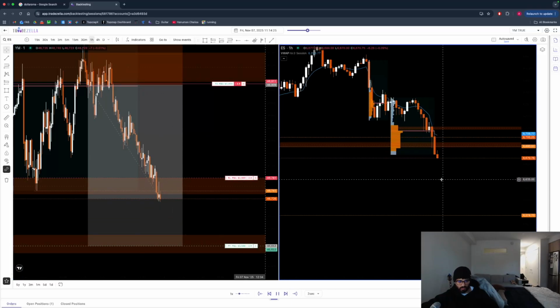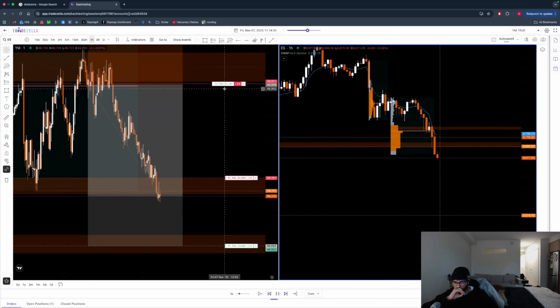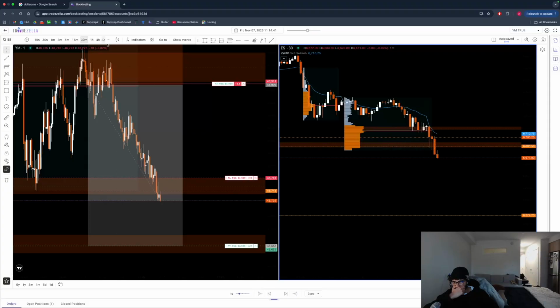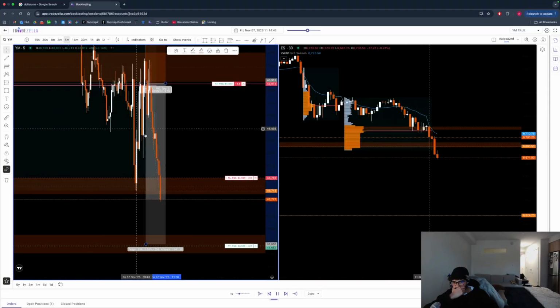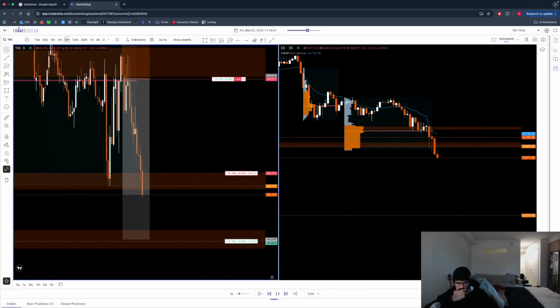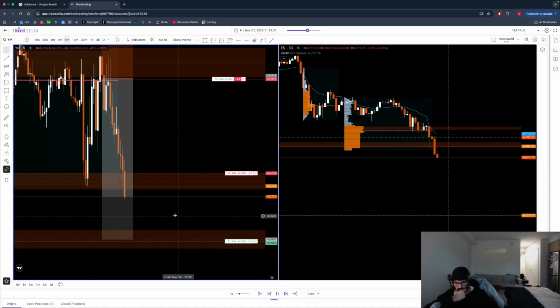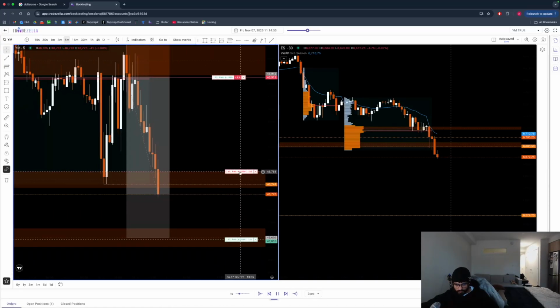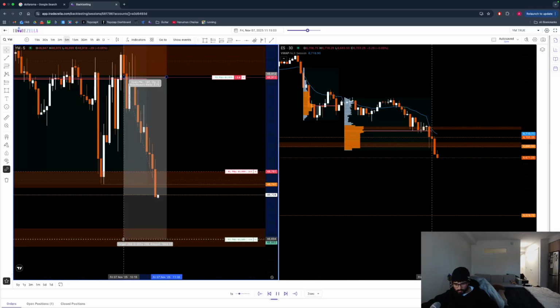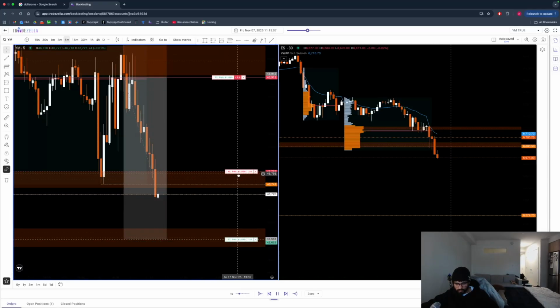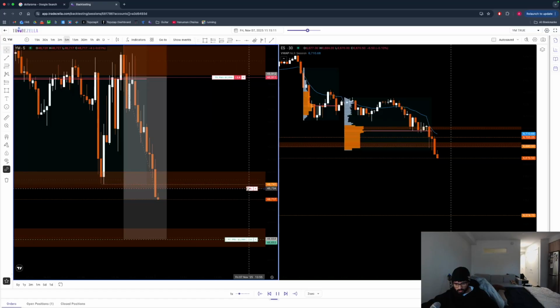And ES is looking great, honestly. Wait for this next 5 to close here. Oh yeah, we're getting a decent amount of momentum. Trailing that.